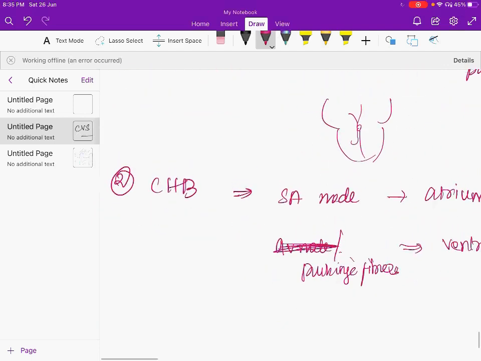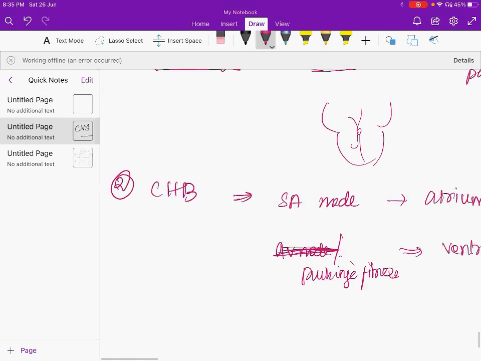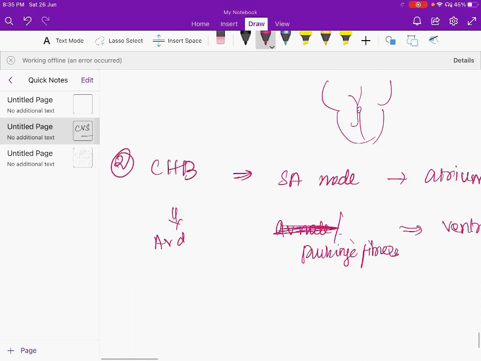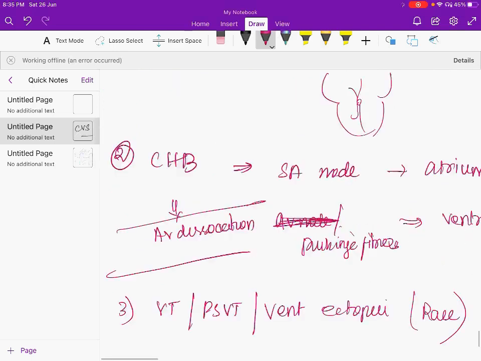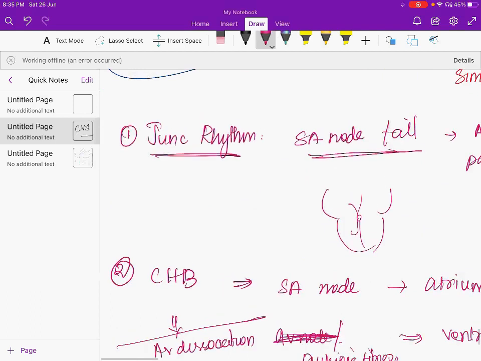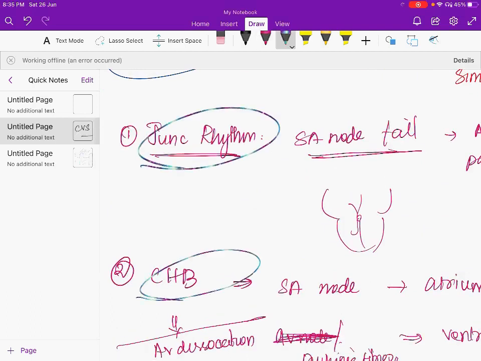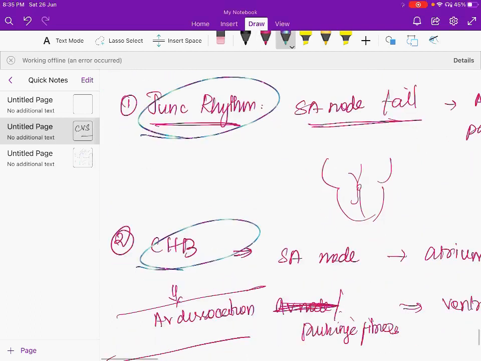Not always, but sometimes there may be AV dissociation. There is a possibility of AV dissociation when both atrium and ventricle contract simultaneously. Some other causes you can see in VT, PSVT, or even ventricular ectopics. But these are rare. In exam, if they ask what are the causes of cannon A wave, you should tell junctional rhythm and complete heart block. Okay, so this is about A wave.